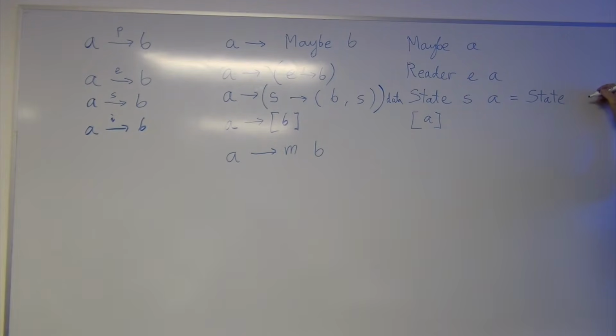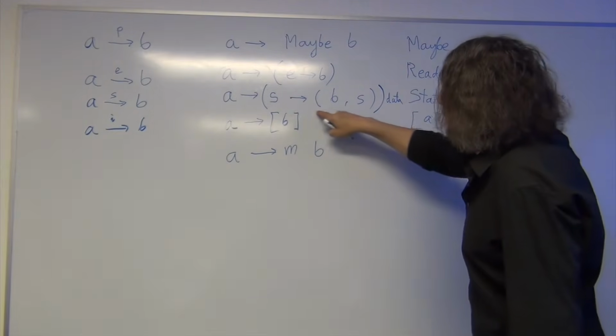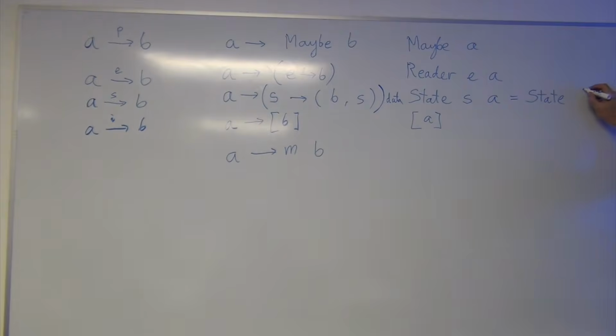So State, and what does it take? Well, it has to take a function like this. So it takes a function s to (b, s). Okay?